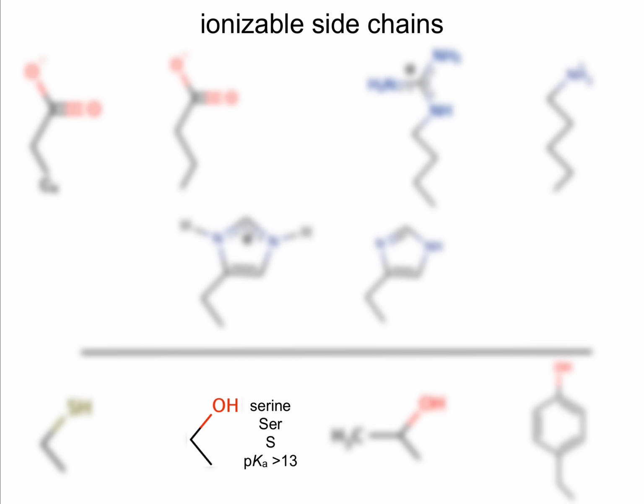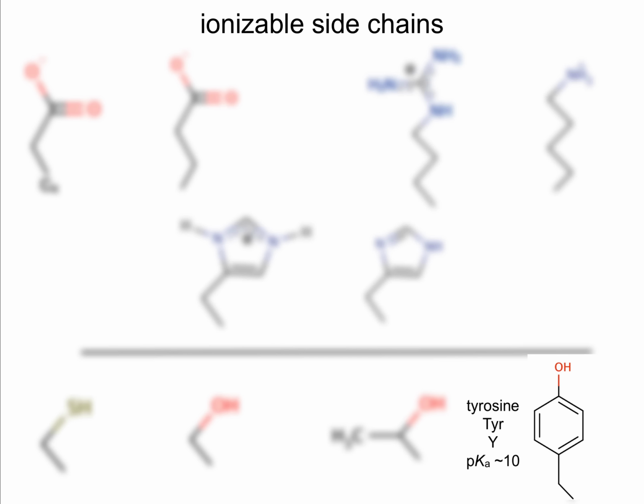So again, not ionized at physiological pH, but nevertheless, that ionization is important in various biological contexts. Threonine, another hydroxyl-containing side chain with a beta branching there. Again, not normally ionized at physiological pH, with a very high pKa for that hydroxyl group, obviously.